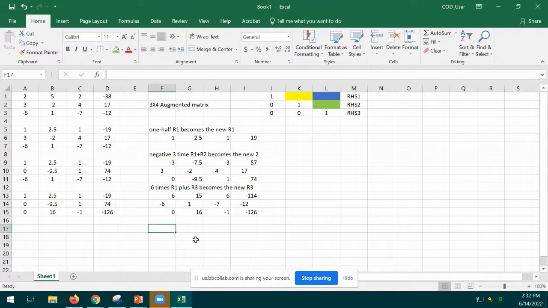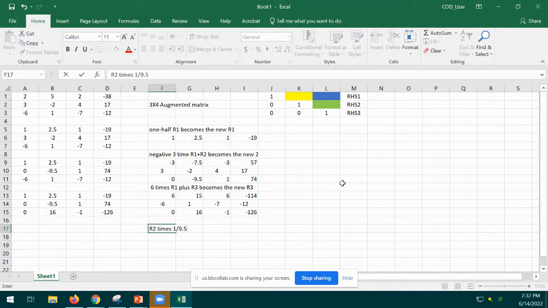The first thing that I'm going to do is say row 2 times, I'm going to say it a different way. Row 2 times 1 over 9.5.